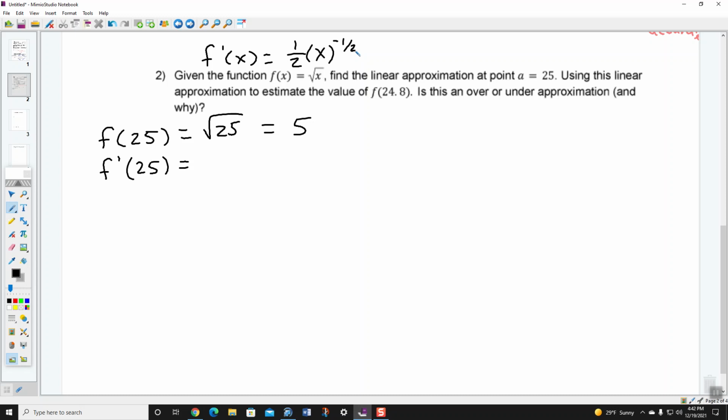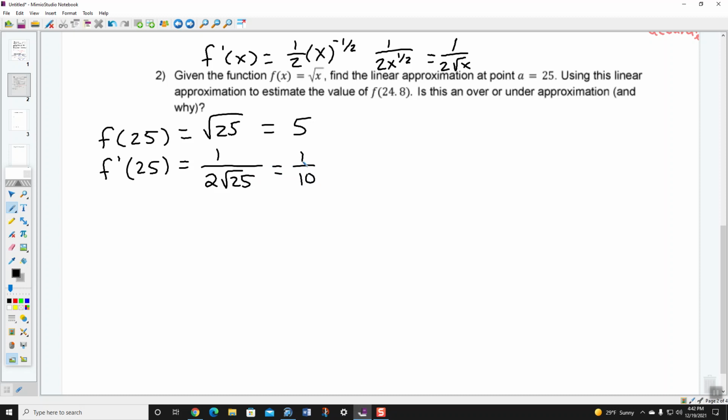I don't really like this negative exponent, so I'm going to move it to the bottom, so it's 1 over 2 times x to the positive 1/2. This is the same as 1 over 2 root x. So f prime of 25 would be 1 over 2 root 25. The square root of 25 is 5, so that makes the denominator 10, numerator 1.